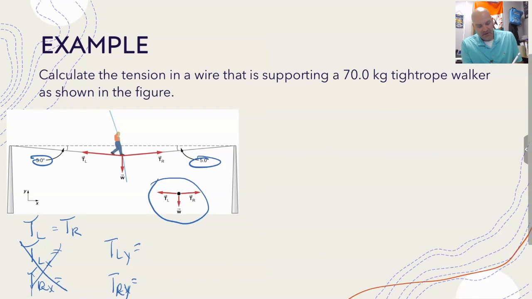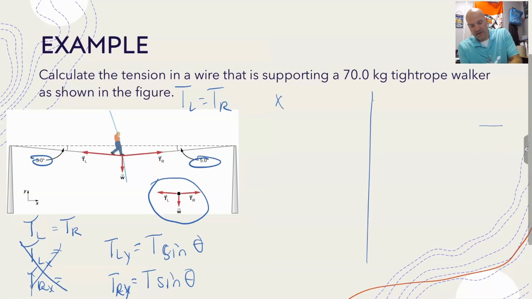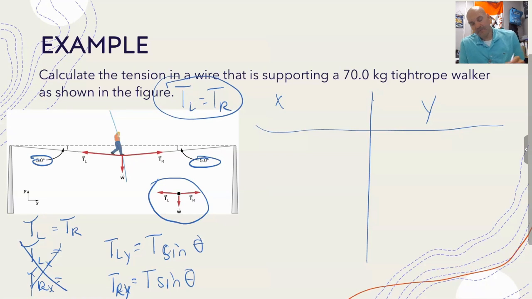Because of that same angle, we know that TL is going to equal TR, so we're just going to call it T. So it'd be T sine theta, and then another T sine theta. Again, I don't have to worry about my x direction, because TLx and TRx will cancel out, leading to this kind of relationship.